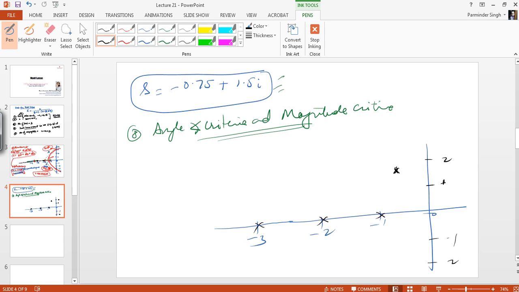Now we need to check whether this point lies on the root locus or not. For this we use the angle criteria rule. What we do is we join this point with all the zeros and poles, using a scale.